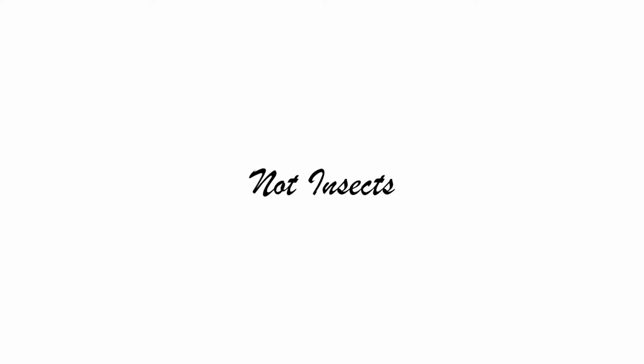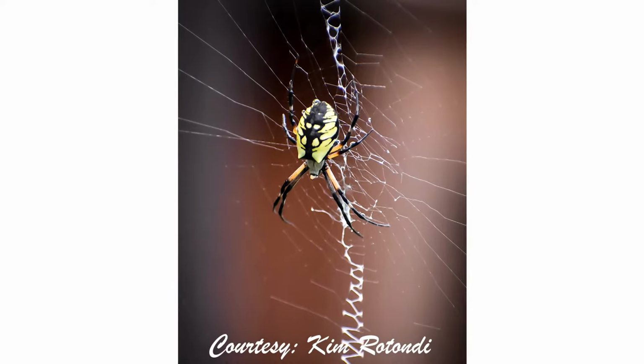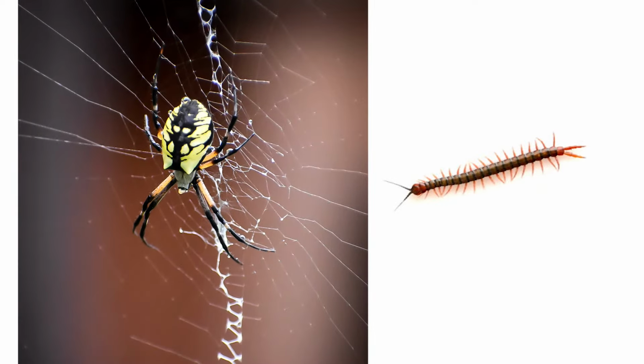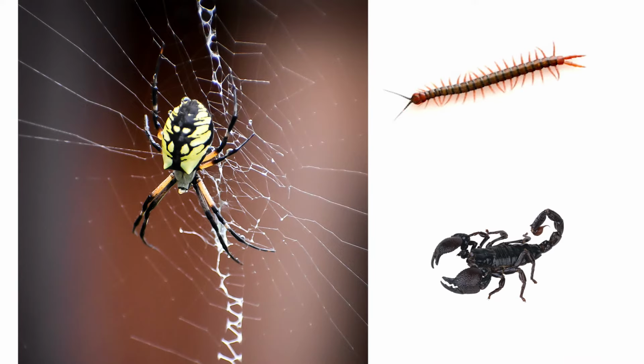Some creatures are mistakenly assumed to be insects, whereas in reality they are not, such as the spider, which has 8 legs and 2 body parts. The centipede has a multi-segmented body with 2 pairs of legs per body segment. And scorpions have 2 body segments and 8 legs, no antenna, and they never develop wings.